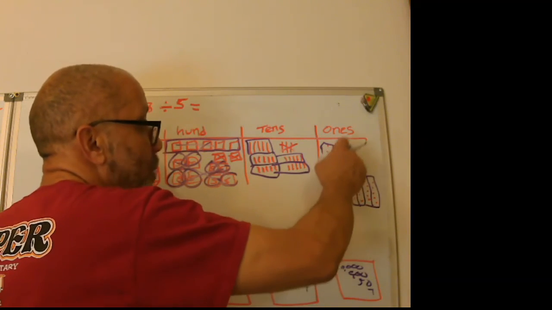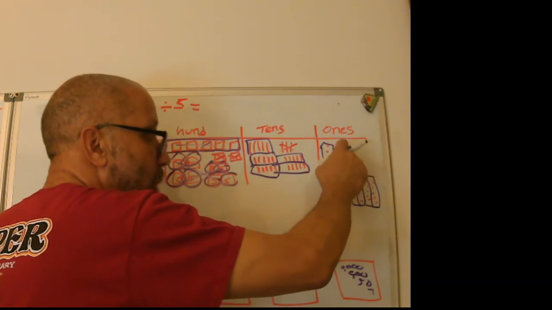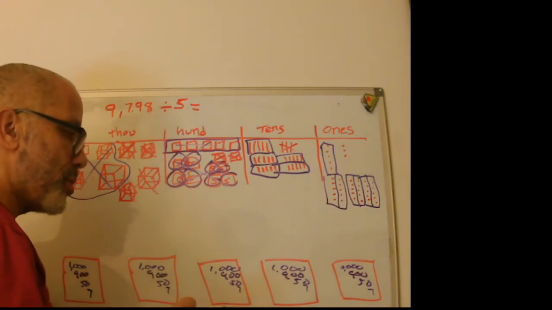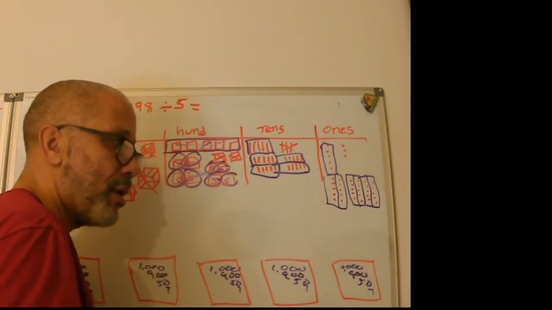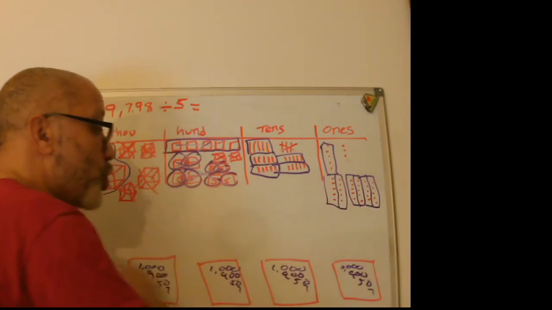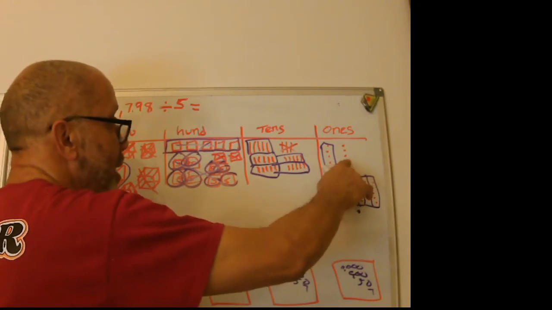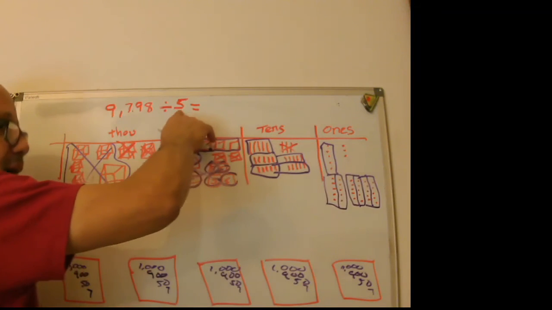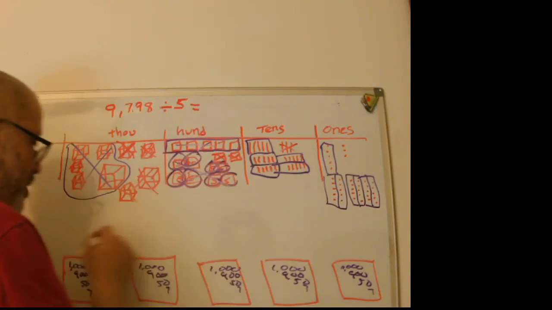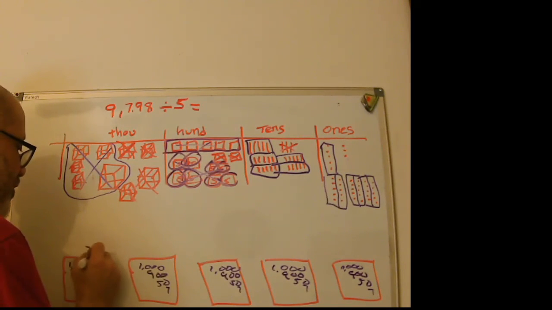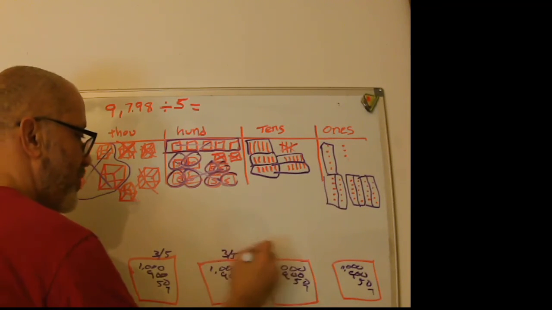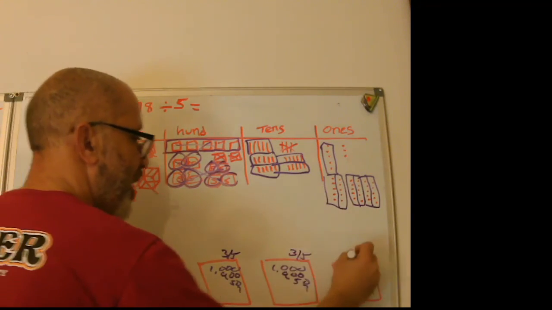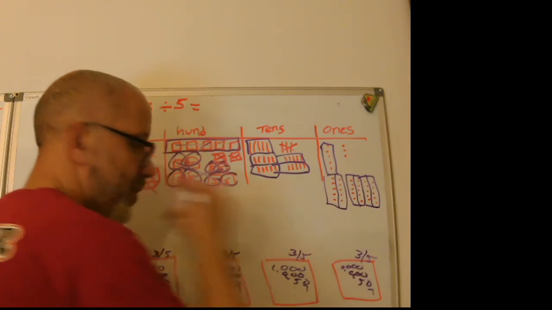So that means if we have 3, we're going to have to take each one of those and cut them into 5 equal-sized pieces, right? So that's going to mean each person, each group here will get 3 out of 5. So it's 3 fifths, 3 fifths, 3 fifths, 3 fifths, and 3 fifths, right?